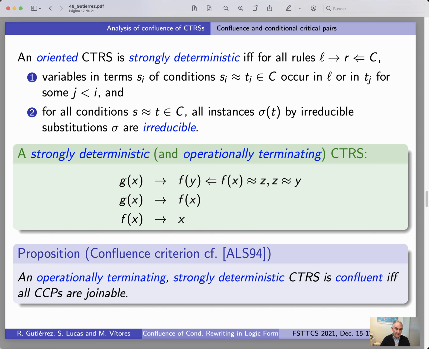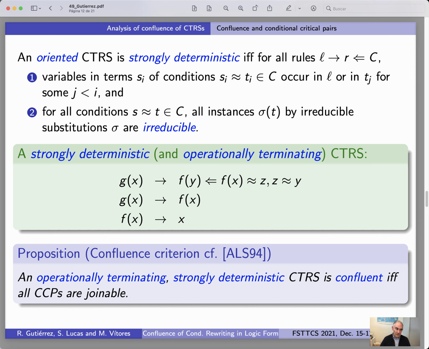Second, the rightmost part of the conditions is irreducible whenever they are instantiated by an irreducible substitution. The displayed conditional system is strongly deterministic because variable x in the first condition occurs in the left-hand side of the rule, and variable z in the second condition occurs in the rightmost term of the previous condition. Variables are clearly irreducible under application of irreducible substitutions.